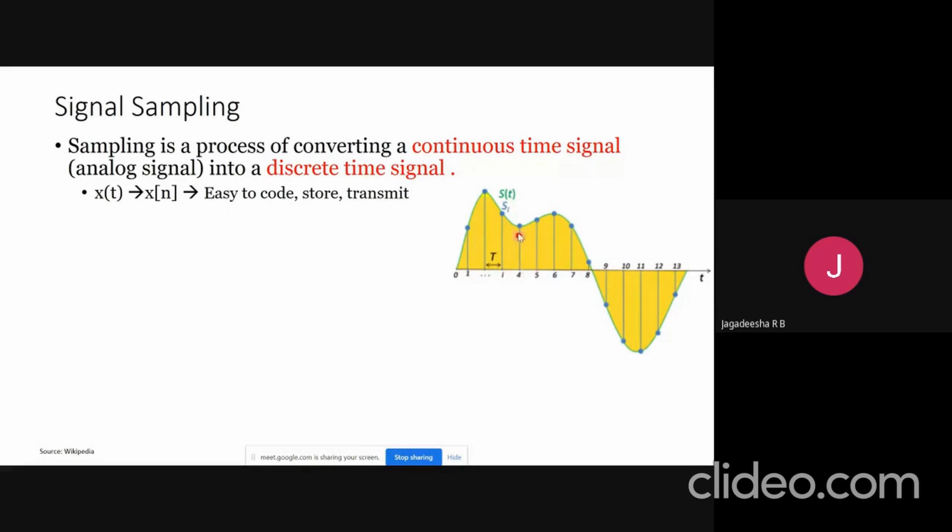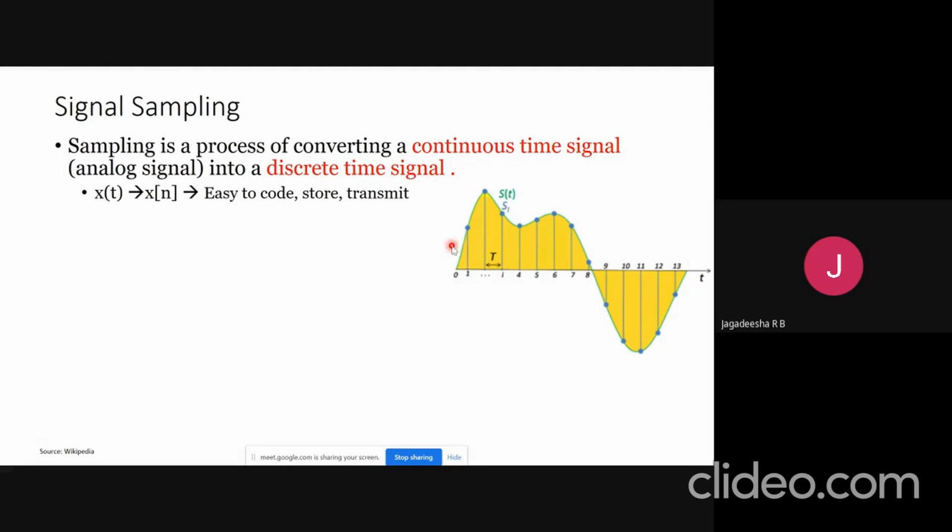Instead of at 0.0001, 0.0002, and so on, where we can have any level of precision, which makes it a continuous time signal, we make it discrete. Only at some instants of time do we notice the value of the signal. That's the discrete time signal.